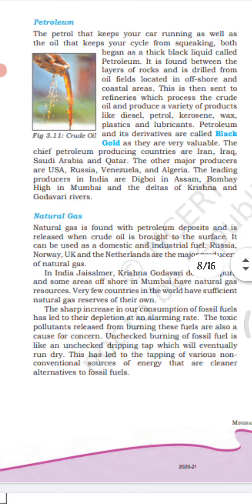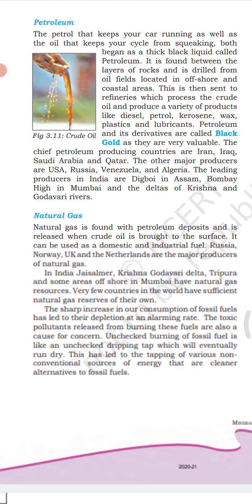As this is found in between the layers of rocks, it is drilled out, as we get water through a bore well. With the help of drilling machines, this is obtained, and then through pipelines transferred from one area to another.